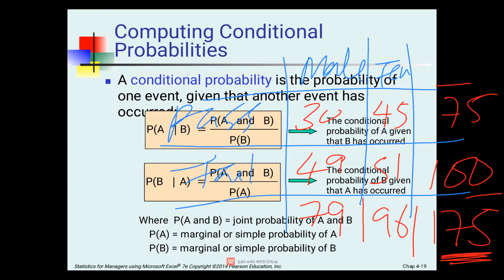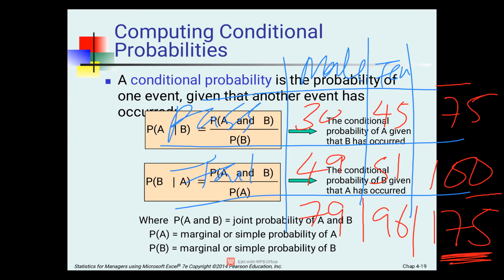Now the question is, listen: given that a student is male, what is the probability that the student failed?